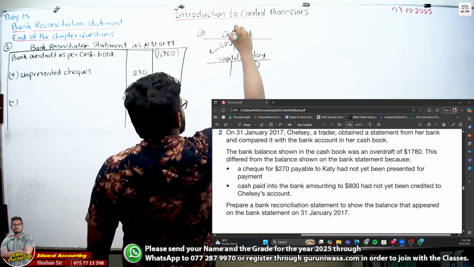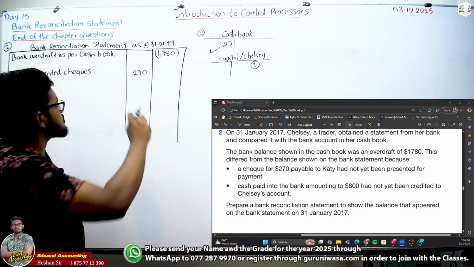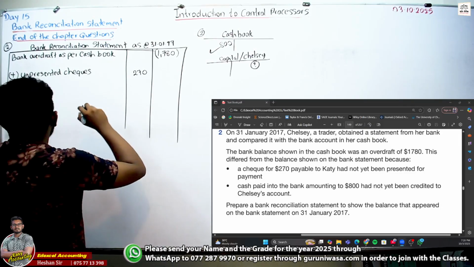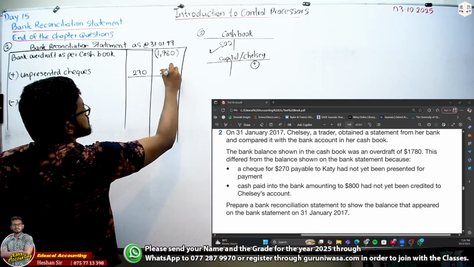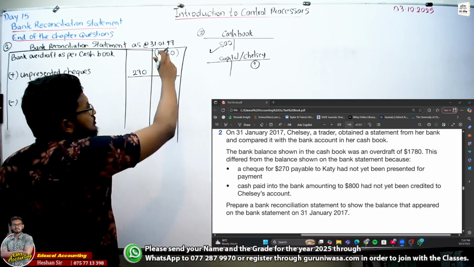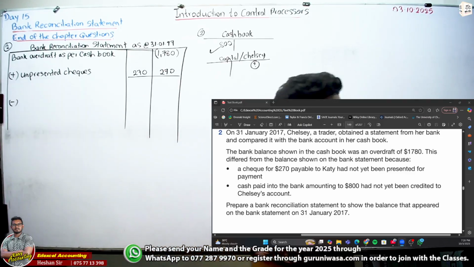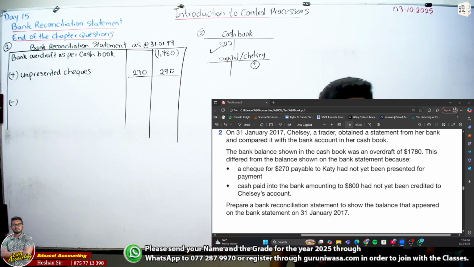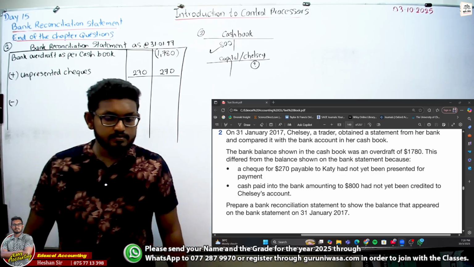This is okay, it's already done, so it does not affect the bank side. Now deduct: 1780 minus 270.